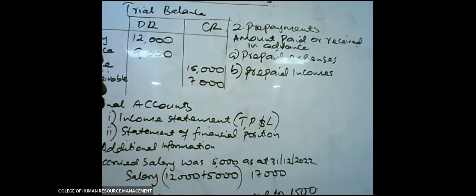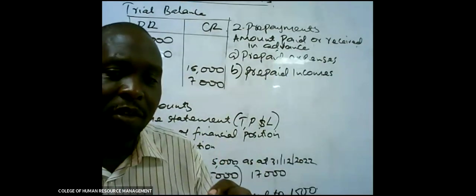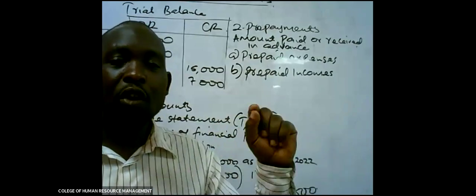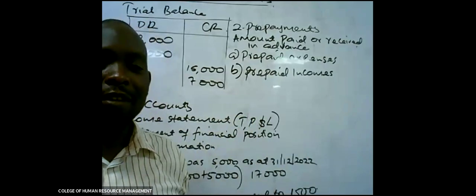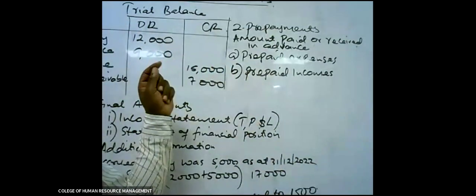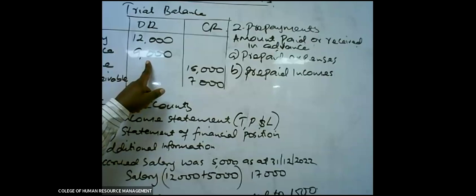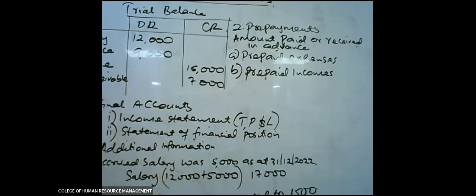So the question is, when we are preparing the income statement, remember I've said, in the income statement, you use the exact amount that was supposed to be paid or received. Don't record more, don't record less. So this 9,000 is in excess. We cannot use it to prepare our income statement. So we shall have to adjust the 9,000 and get the correct amount that was supposed to be received.